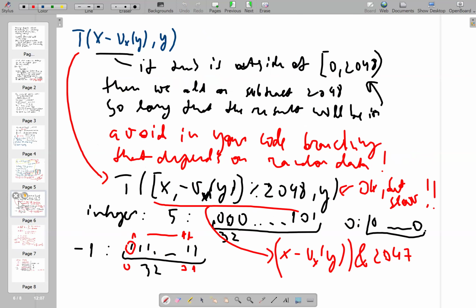Let me box it. And this is the operation you take: you take your index and make bitwise AND with 2047, because 2047 is all ones for 11 bits. That gives you exactly what you want, periodic boundary conditions.